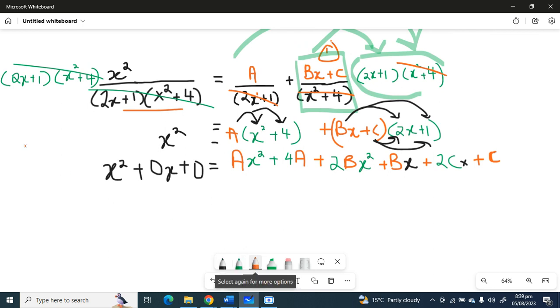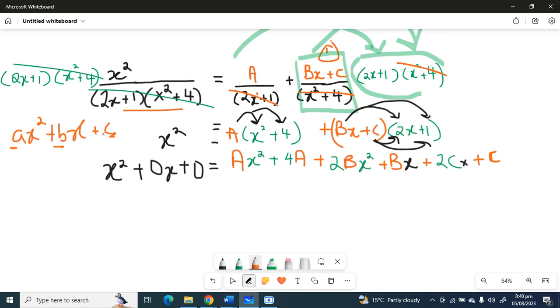Remember the format of a quadratic equation. It's ax squared plus bx plus c. So this a here, this b, and this c, a, b are the coefficients, c is a constant. Coefficient is just a number before a variable.